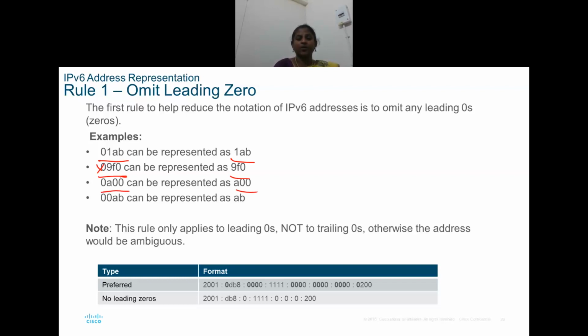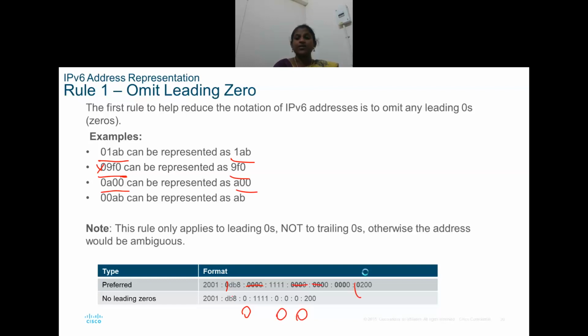In the example below, 2001 0db8, here I omit this 0. Similarly, here I take all those 4 zeros and write them as a single 0. Similarly, here all these zeros are represented as a single 0. Again, all these zeros are represented as a single 0.